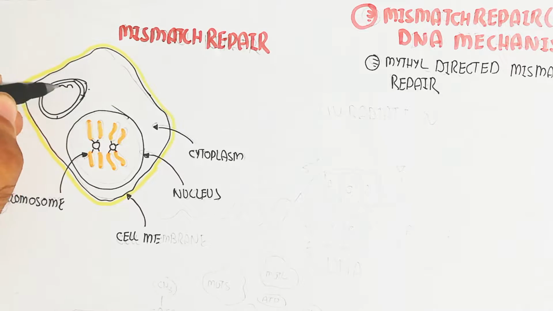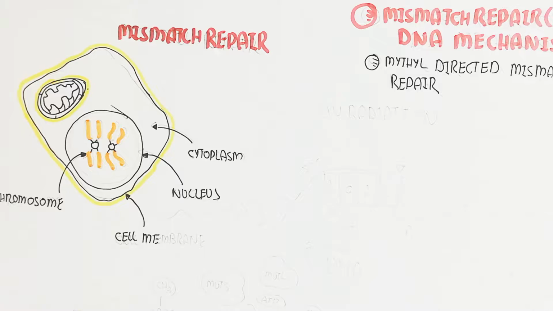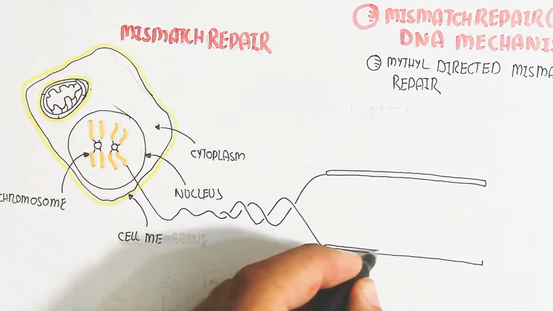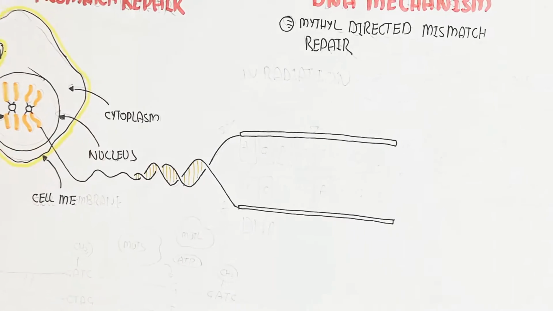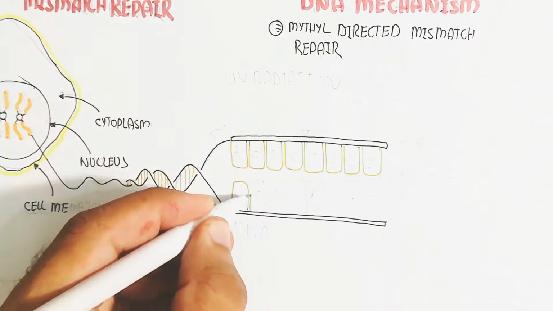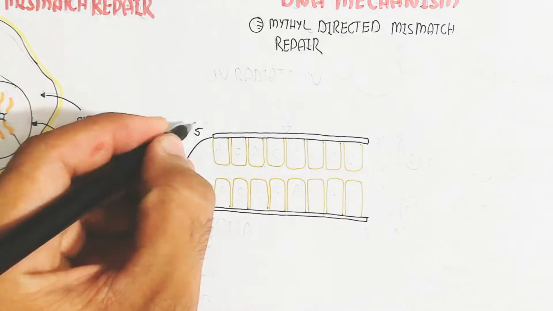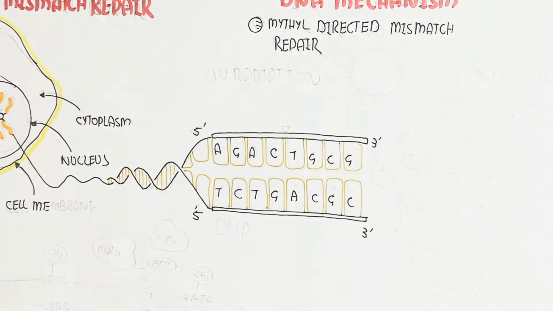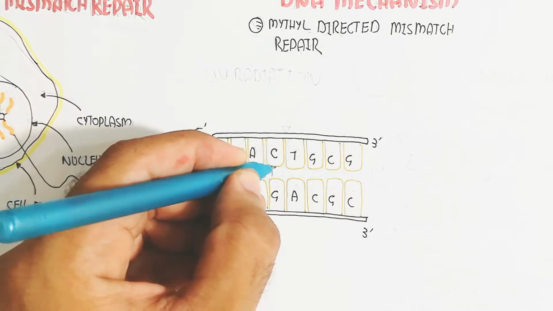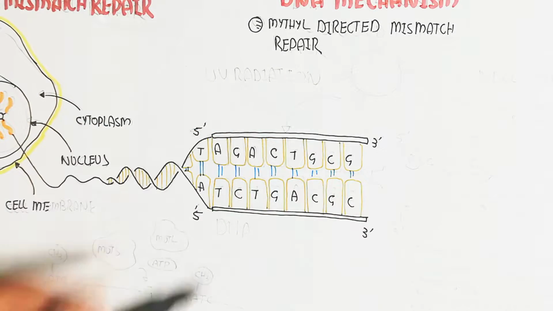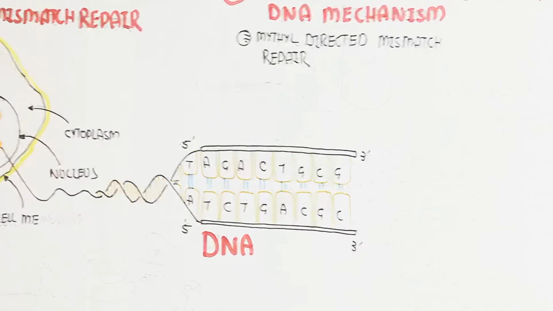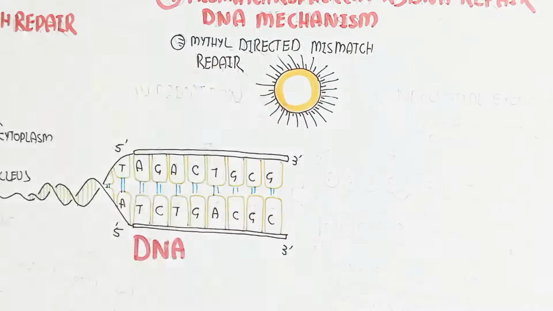The chromosome contains chromatin material, which is made up of histone protein and DNA. Here the adenine will bind with the thymine, and guanine with the cytosine, through hydrogen bonding. The phosphodiester bond forms the backbone of the DNA, which is anti-parallel, meaning 5 prime to 3 prime and 3 prime to 5 prime.